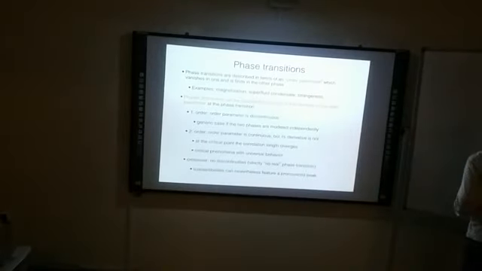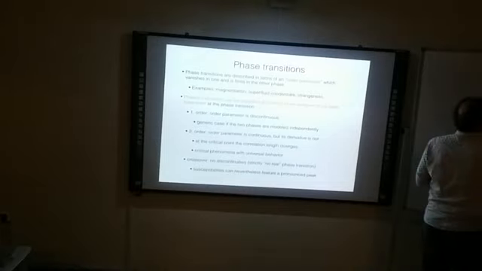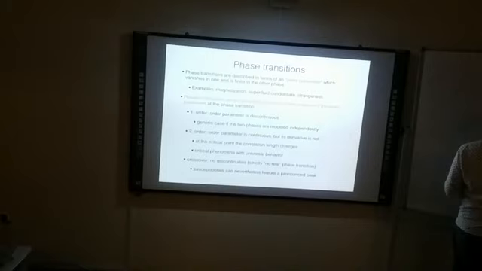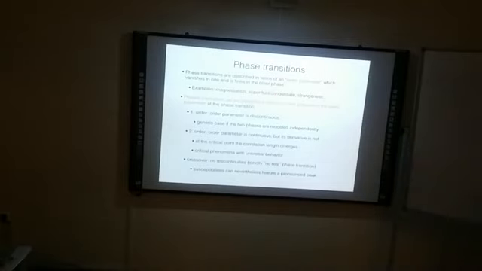Let me quickly draw this. Let's say that's the order parameter. This is whatever quantity I want to change, say the density. The first order phase transition would be something like this, where you really have a clear jump. The second order phase transition would be something like this, where you have a kink here, and a crossover would be something where you just go from here to here, and everything is smooth.